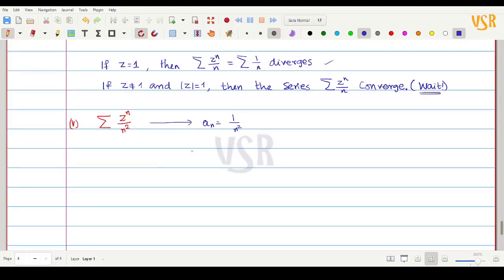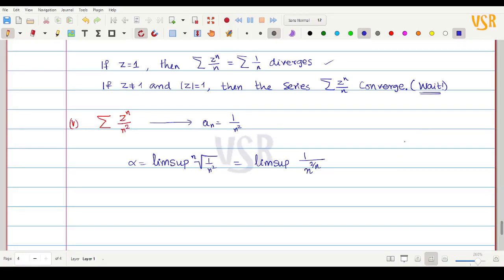So now I am going to calculate this. Alpha is equal to the limit supremum of the nth root of 1 by n square, which is equal to the limit supremum of 1 divided by n to the power 2 by n.